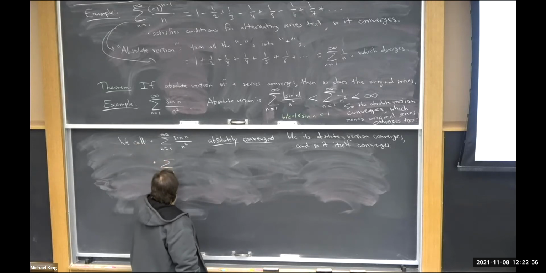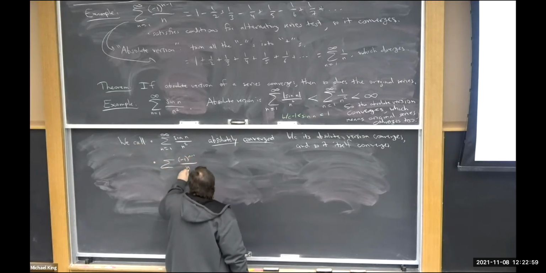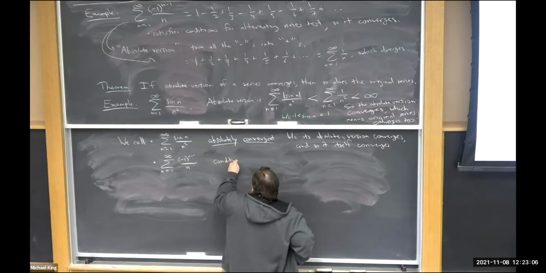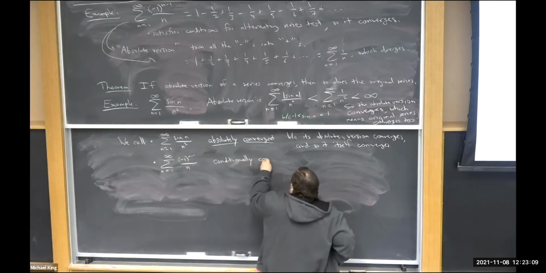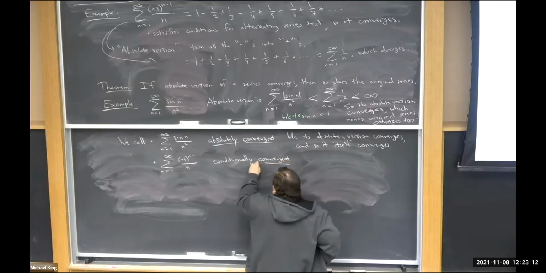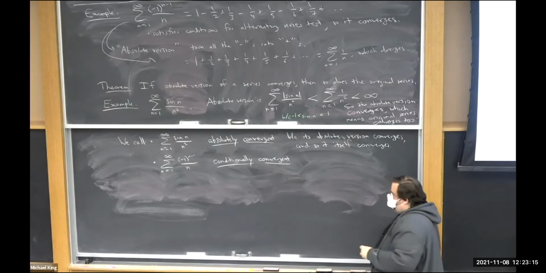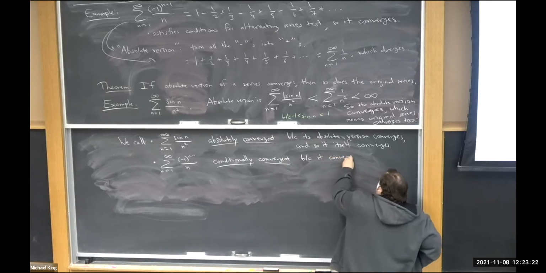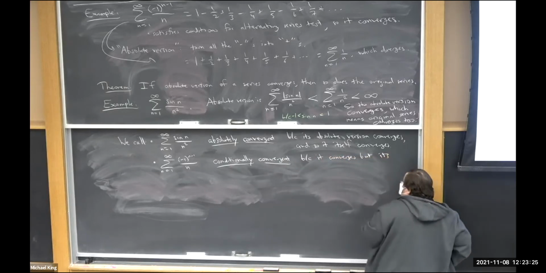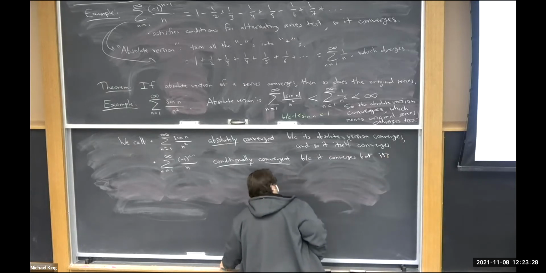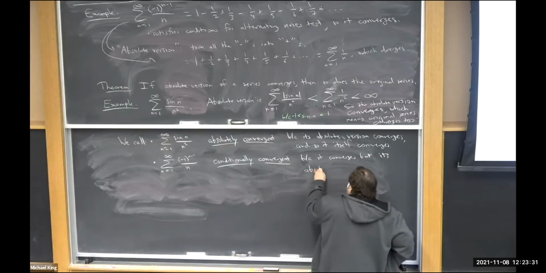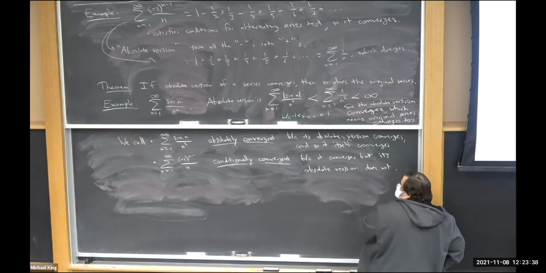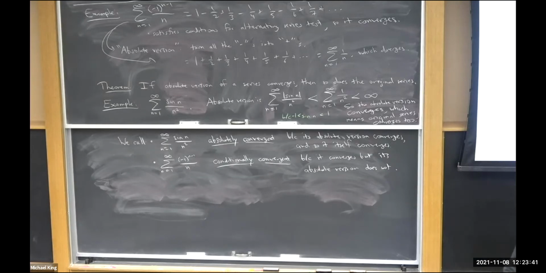We call this conditionally convergent because it converges, but its absolute version does not. Okay, so that's like a weaker form of convergence.